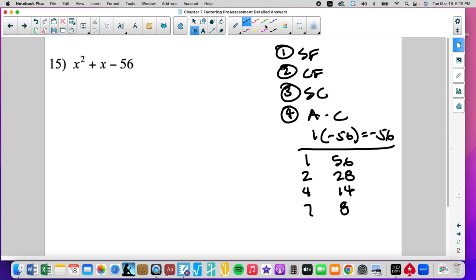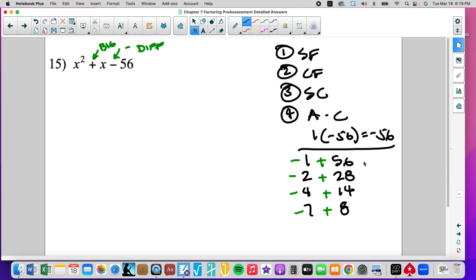It helps me, it saves me, especially in this case when the signs are different. So the signs are different and the bigger is positive. So the bigger is positive, so I know all my numbers on the right are going to be bigger than my numbers on the left because I did them in numerical order. So bigger is positive, that gets negative, that gets negative, that gets negative.